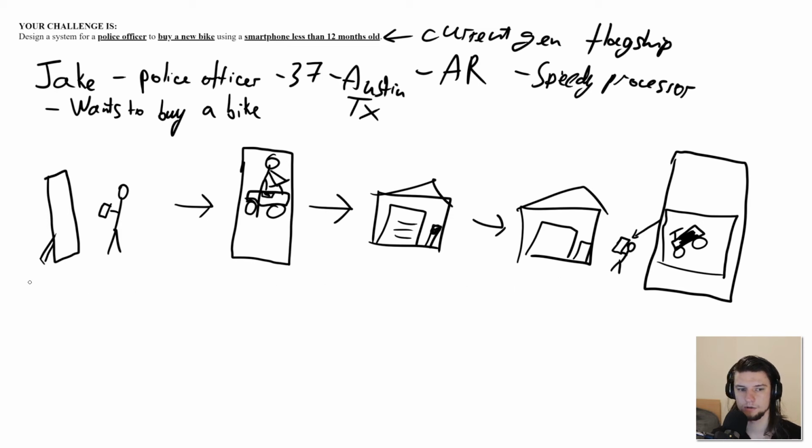So this is the overview of how the process of using the app would be. Other things, like sample UI sketches, would be, well, just a search bar. Actually, that would be a good idea: the application would be using machine learning where it would pair all the images of bikers with their bikes, because there's quite a lot of imagery available online of how a biker sits on a bike.